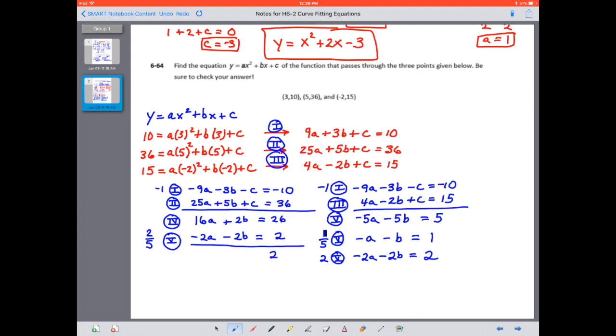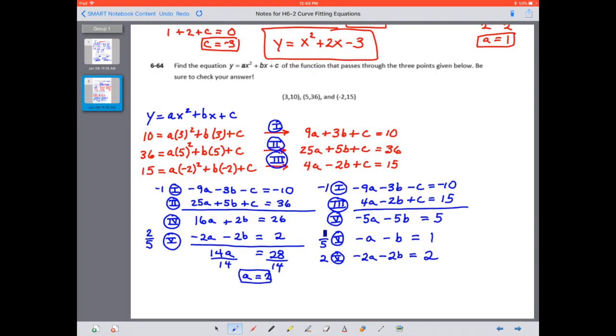Eliminate there, you're going to get 28 equals 14a. So a equals 2. Take that, plug it back into one of the equations here to figure out what your b value is.